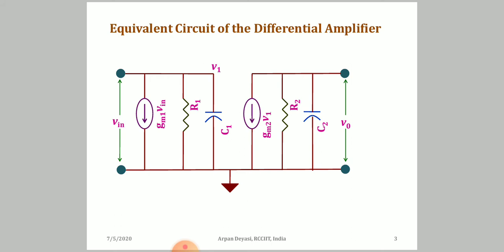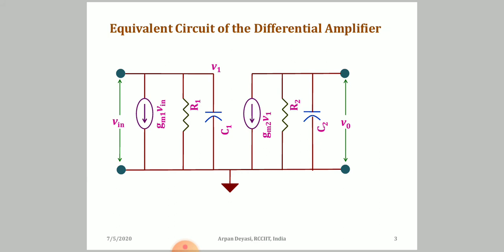So I am showing the drain resistances R1 and R2 in parallel with the respective current sources. And obviously there will be associated capacitances, because in the frequency model, the small signal analysis, we have to consider the capacitances which are formed, and they should also be in parallel with the resistances.